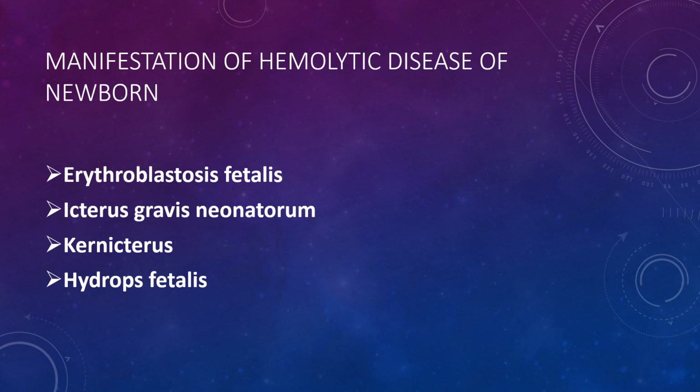So it is the hyperbilirubinemia state. When excess bilirubin is present in the circulation and the immature blood-brain barrier does not protect the baby from hyperbilirubinemia, this bilirubin enters into the brain and causes some permanent damage, a neurological syndrome.